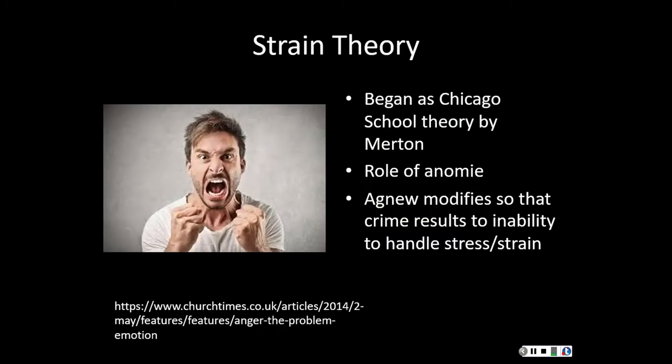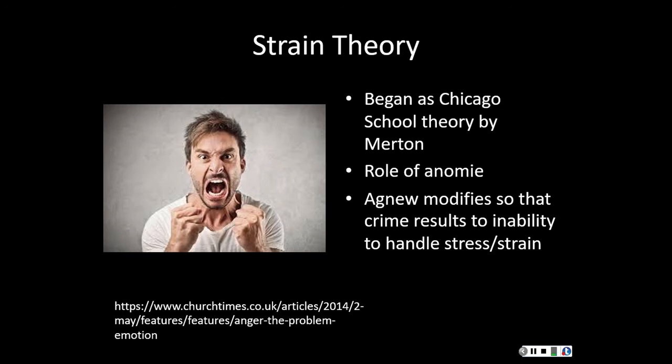Now, we're going to take a look at strain theory because that's become incredibly popular as well. And again, you're going to have readings that go into more depth in all of this. So again, I'm only doing a general overview. But strain theory began in the Chicago School as a theory by Merton, all right? And Merton actually looked at strain with a term that he called anomie, all right?